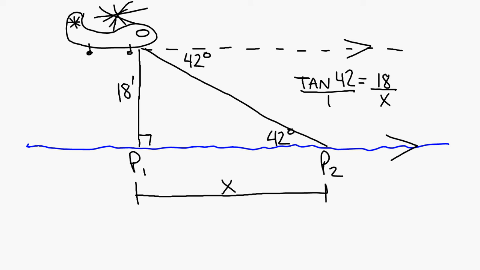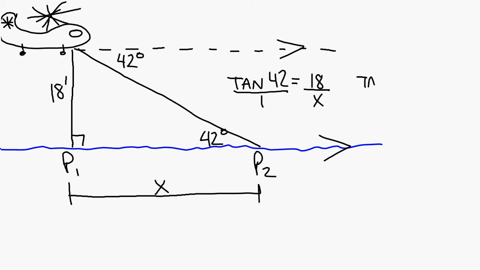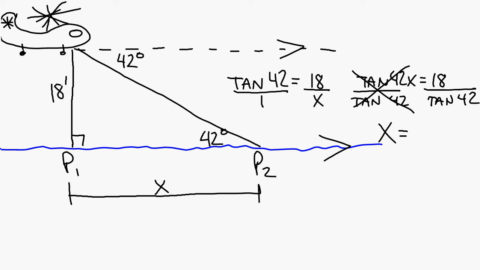So when you crisscross multiply, tan 42 times x equals 18, and you divide both sides by tan 42, and that cancels, and your x equals 19.99, and it's to the nearest foot, so we're going 20 feet.